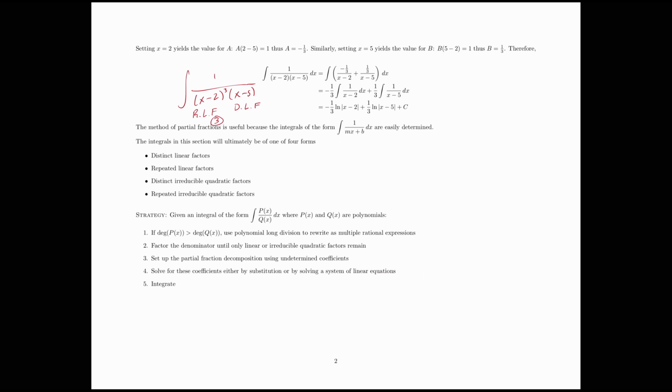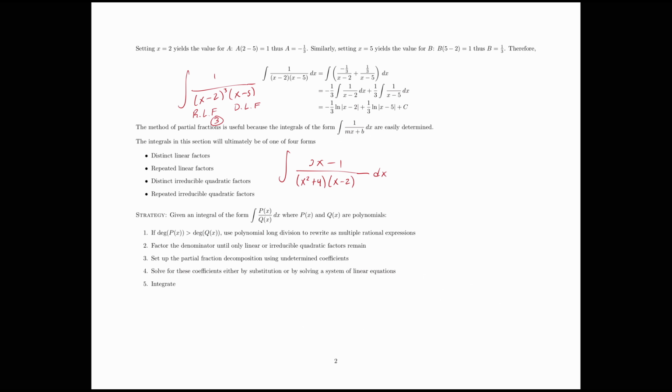And then another option here is irreducible quadratic factors. So this might be something like, let's say we've got 3x minus 1, and then downstairs we have, let's say, x squared plus 4 times x minus 2 dx, something like that.